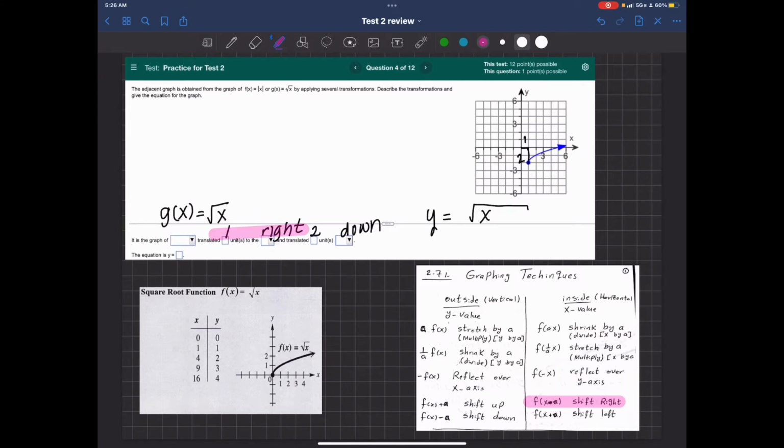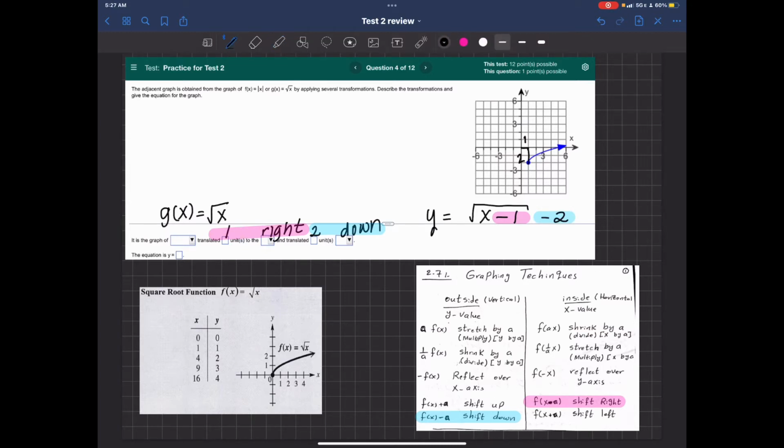Okay, so that'll be negative 1. And then it says that I go down 2 units. All right, so if I go down, that's going to be negative 2 on the outside.